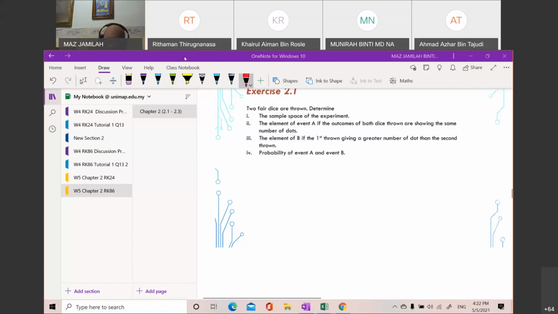How many elements of A do we have? 1, 2, 3, 4, 5, 6.